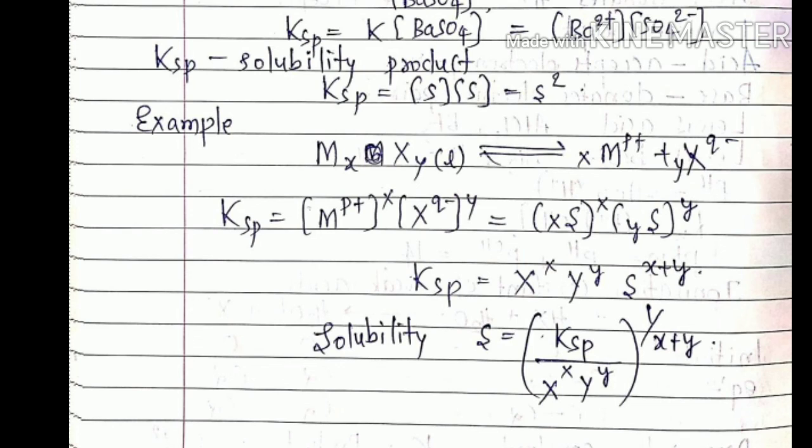For that reason, the solubility S is equal to (Ksp divided by x^x y^y) raised to 1 divided by (x+y).